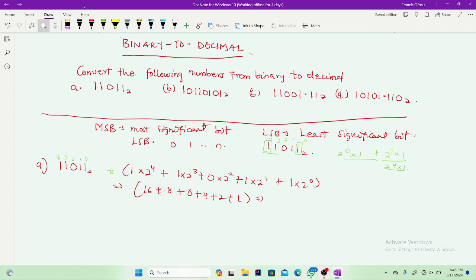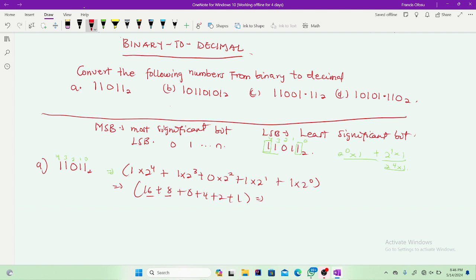This gives 16 plus 8, which is 24, plus 4, 28, plus 2, 30, plus 1, which is 31. Or let's do it again. 16 plus 8, 24.